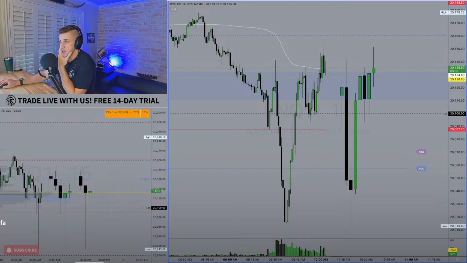So buyers have done a good job pushing price up and through this area, though we've not seen much follow through so far. That's kind of the concern here.